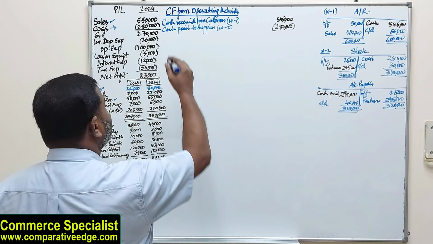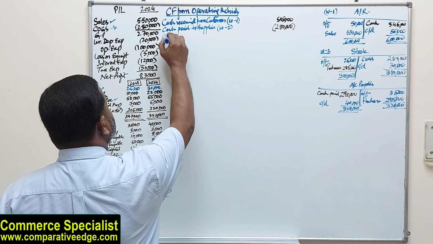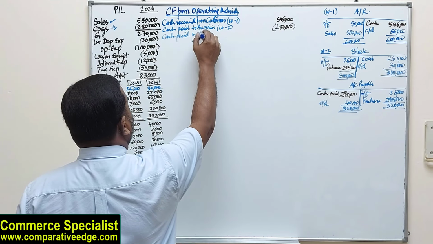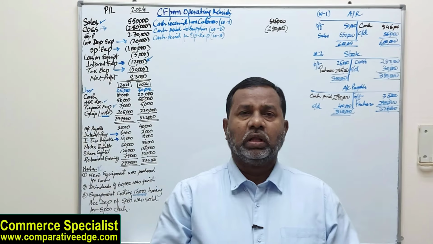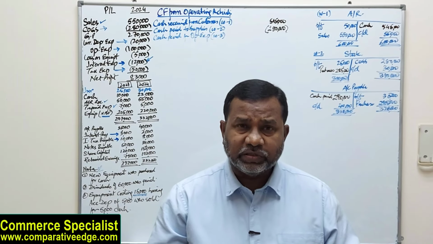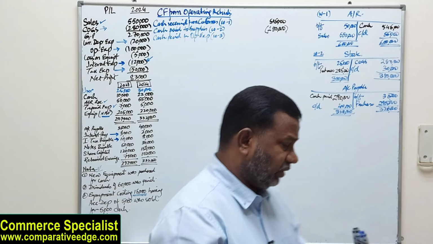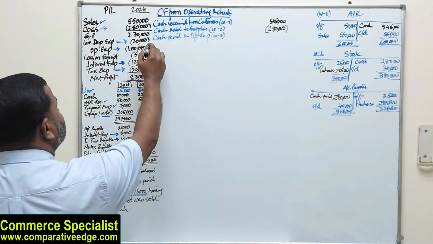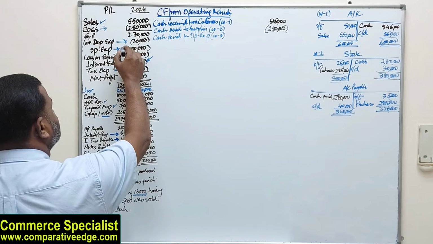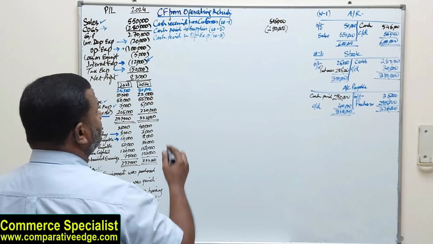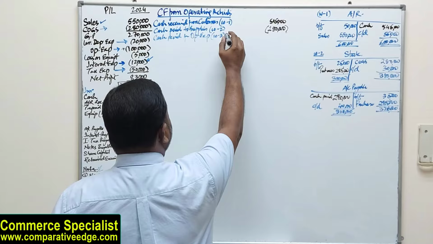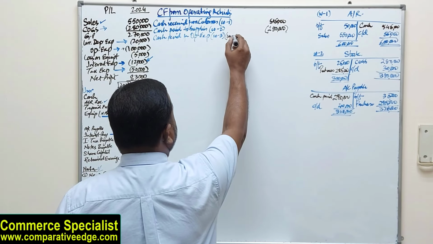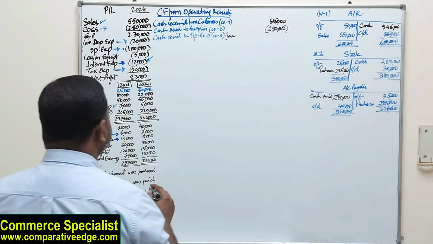The next thing under direct method you need is cash paid for operating expenses. Now for cash paid for operating expenses, the idea is pretty simple. If you look at here, we have operating expenses of 100,000. So you can simply take this like this, 100,000. This is working number 3.